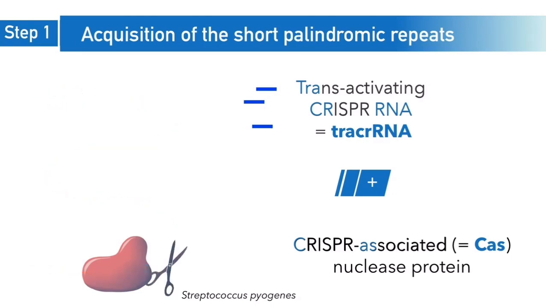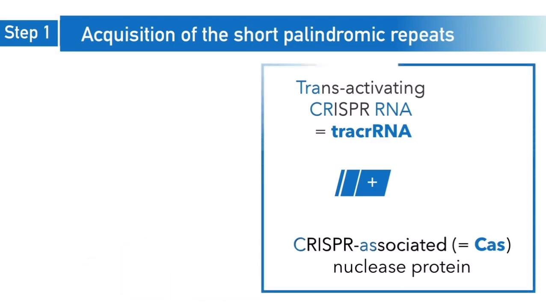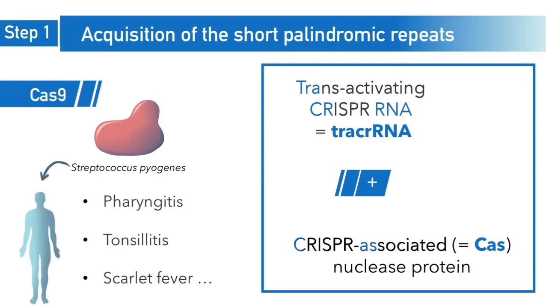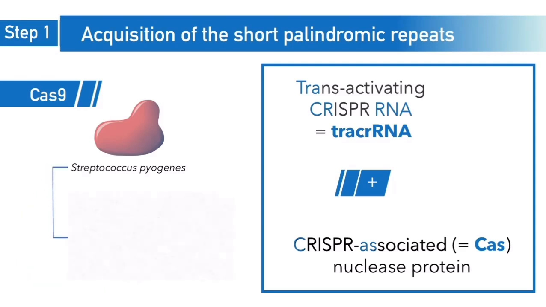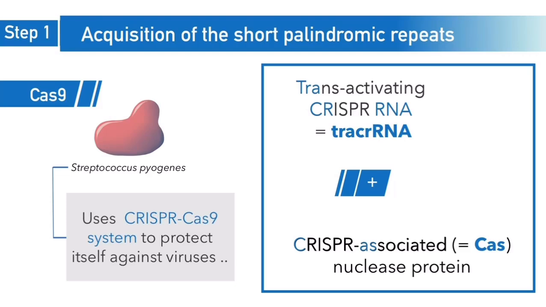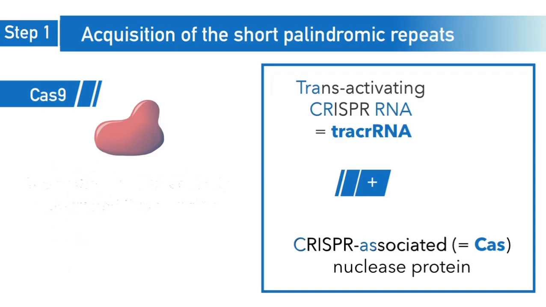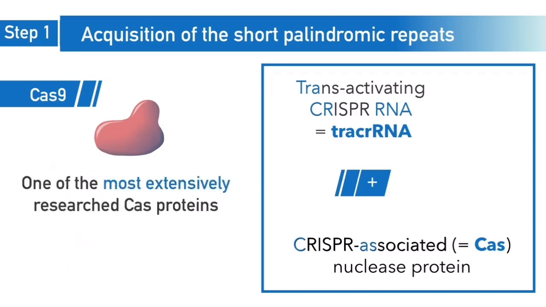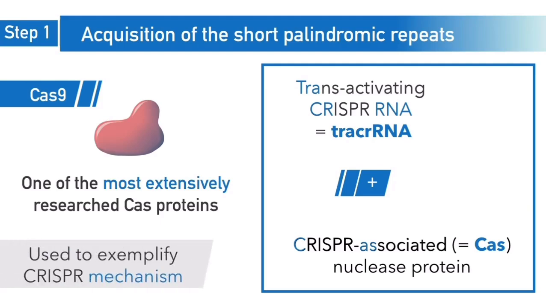Cas9 is one of the CRISPR nucleases found in Streptococcus pyogenes. While this bacteria is a pathogen towards humans and can cause several diseases such as pharyngitis, tonsillitis, scarlet fever, and many others, interestingly, it knows how to protect itself from other attacking viruses and phages through its CRISPR Cas9 system. Cas9 nuclease is one of the most extensively researched and characterized CRISPR-associated nuclease proteins, and I will be referring to it to exemplify the mechanism of CRISPR.